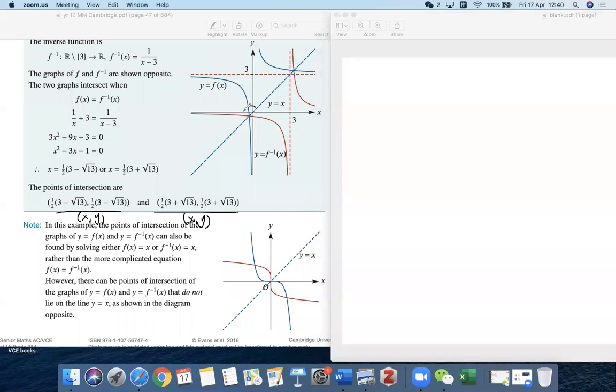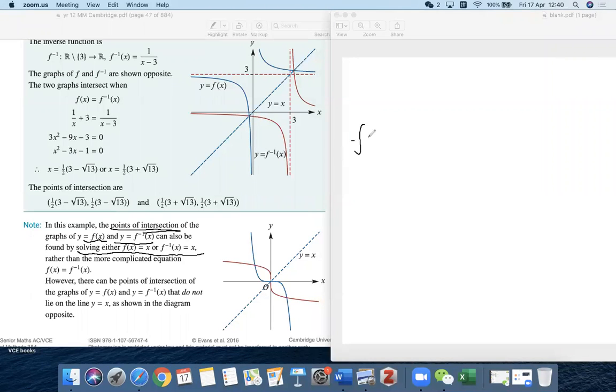Which means the intersection is on the line y equals x. The y equals x line gives us the property that the x coordinate is always the y coordinate. That's why if we want to find the points of intersection, we can always use this: f(x) equals x or f inverse(x) equals x.